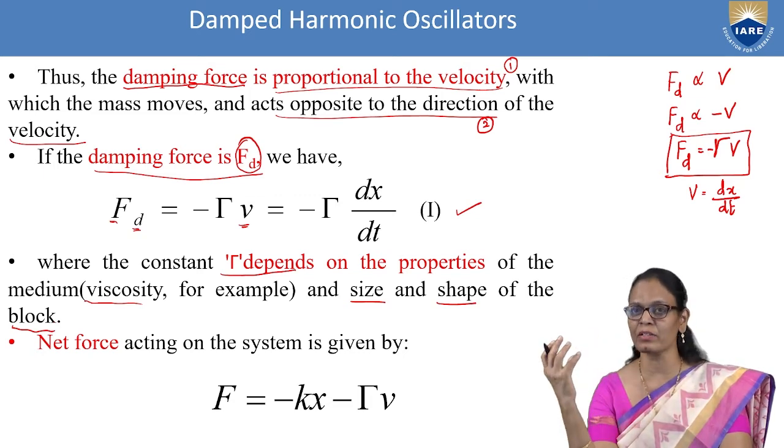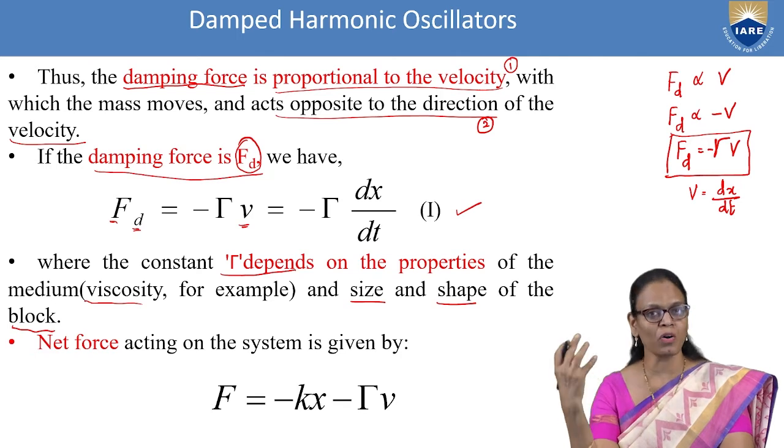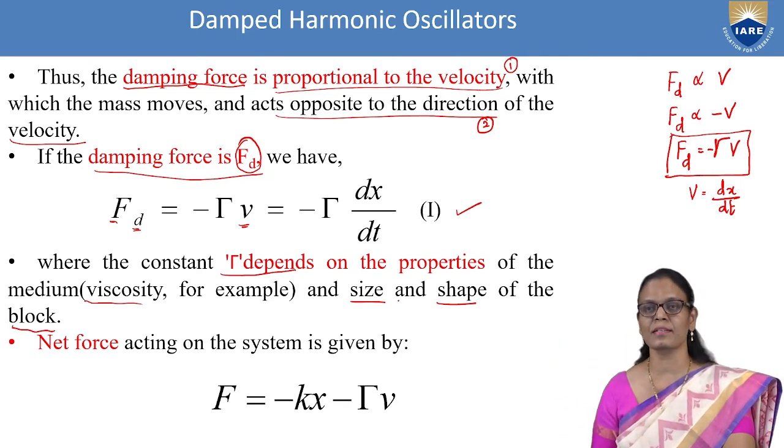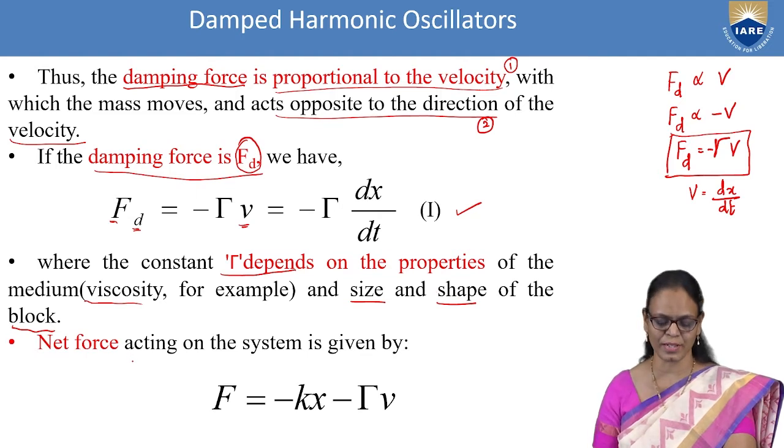We may take a rectangular block or a block of bigger size. So when the shape or the size of the object changes, or the nature of the liquid, that is the viscosity of the liquid varies, gamma varies. So gamma depends upon the viscosity or the nature of the object.